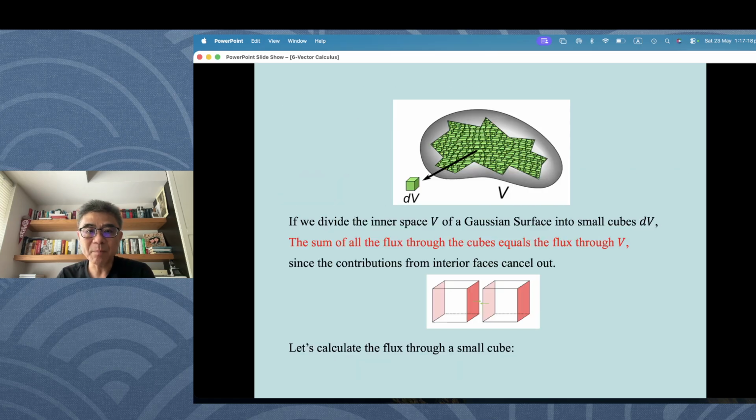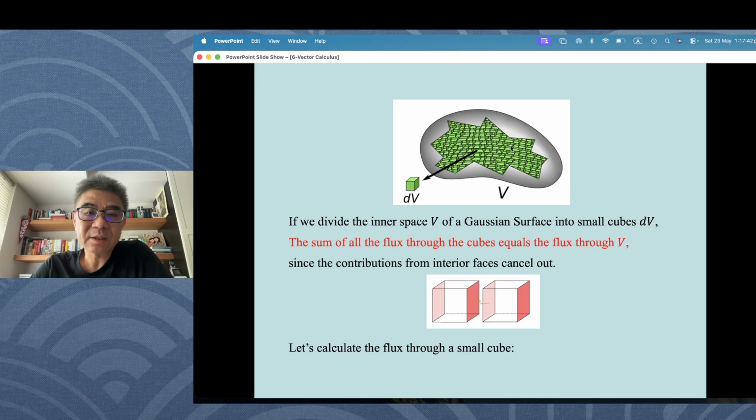With this in mind, I can divide any Gaussian surface into small cubes. For example, if I have this kind of Gaussian surface, the inner space of this Gaussian surface can be divided into small cubes dV, as shown on this diagram.